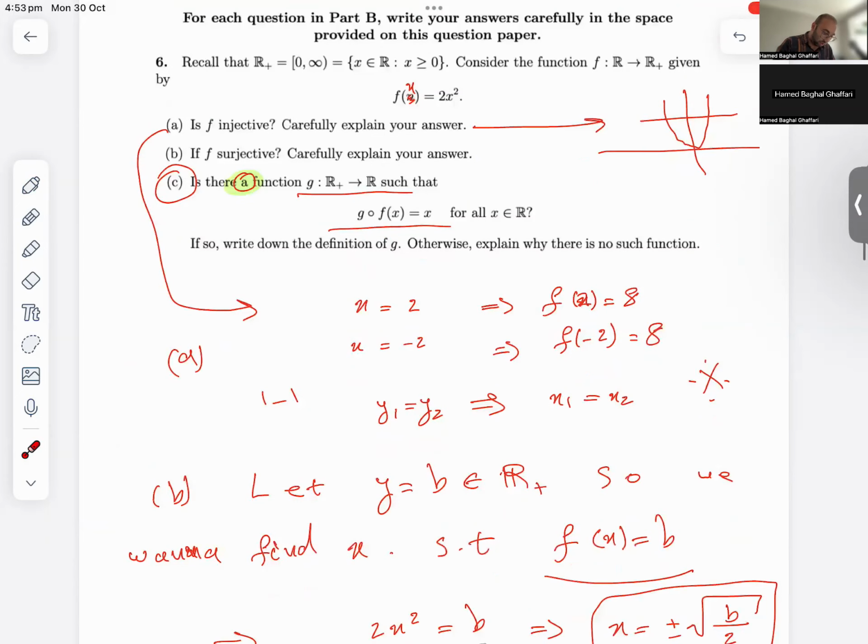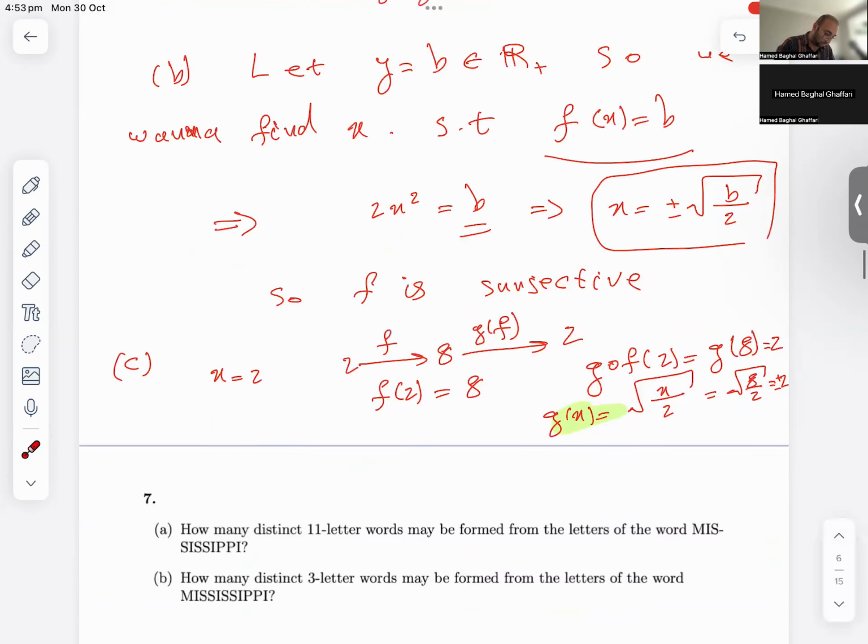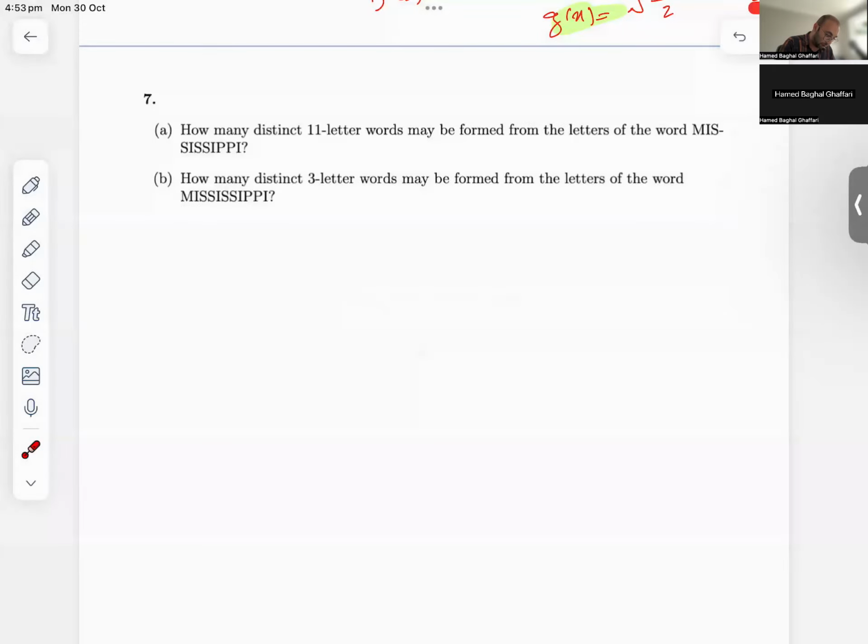All right, question 7. Part A is Mississippi. So 11 letters. In how many ways can we permute these letters? This is permutation with repetition, so it will be 11 factorial.